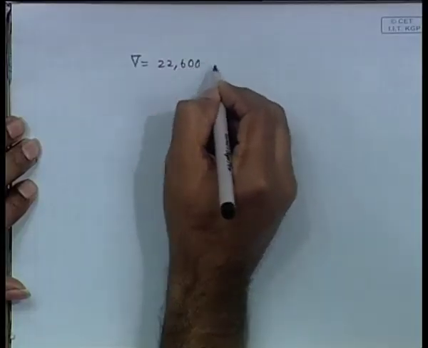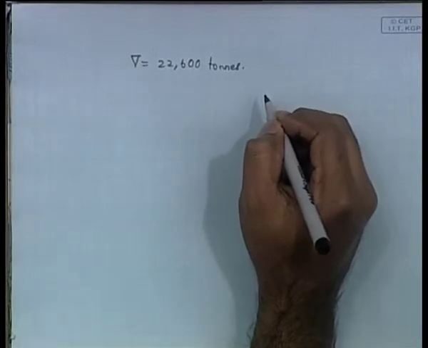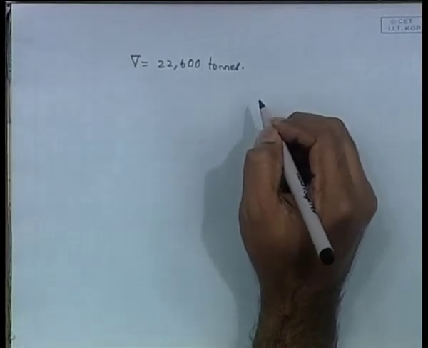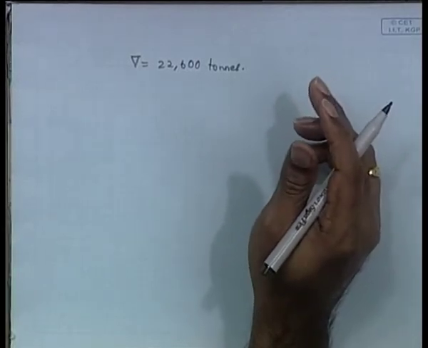You are told that there is a vessel with a displacement of 22,600 tons. Just to repeat, these problems are simple. These are just applications.